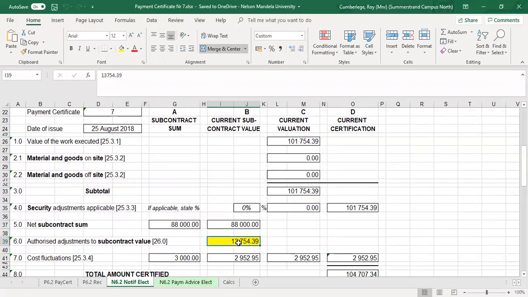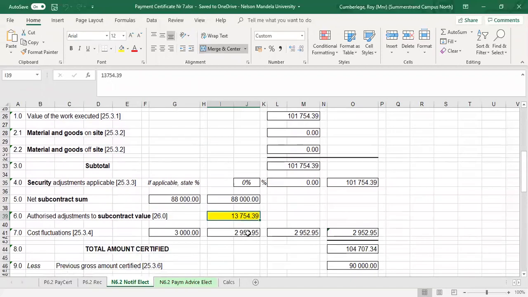13,000. So in this case, there was also an extra on the contract due to adjustments in the form of contract instructions. We also did the final escalation on the electrical, and you've got that figure of 2,952 Rand. So that is also the final escalation on the nominated subcontract.